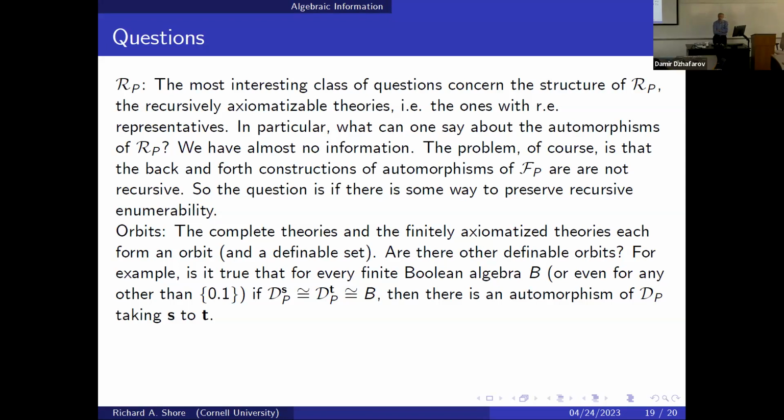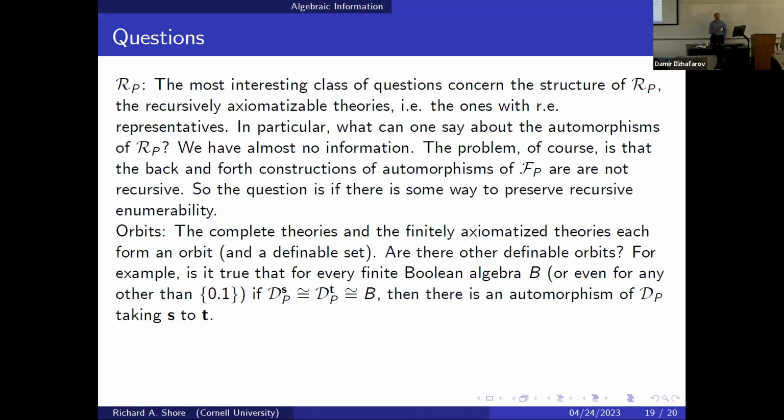Then you might want to know if there's an automorphism taking one to the other. I hadn't made too much progress, and maybe I haven't yet, but this morning I had an idea. It gets around one problem I had before, but I haven't yet figured out if it interferes with the rest of the construction, or if it really works. And it was only for the 4 element Boolean algebra anyway. So that'll be a long way up.